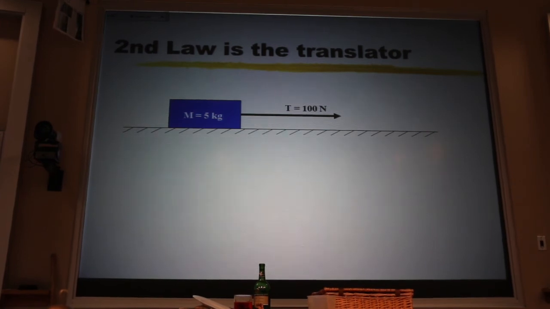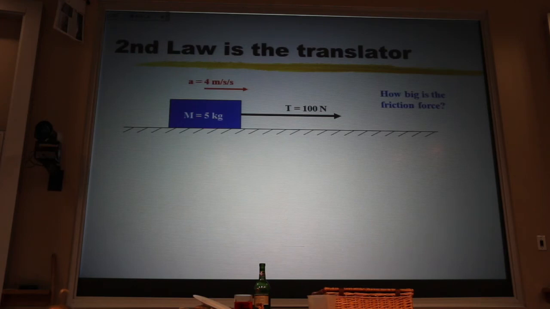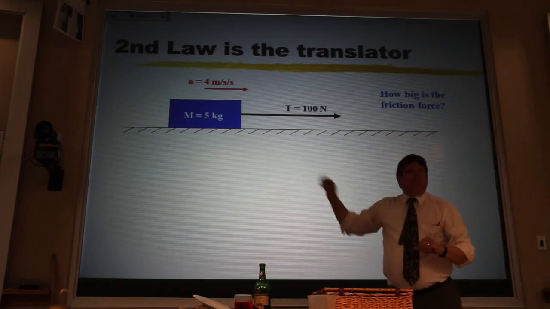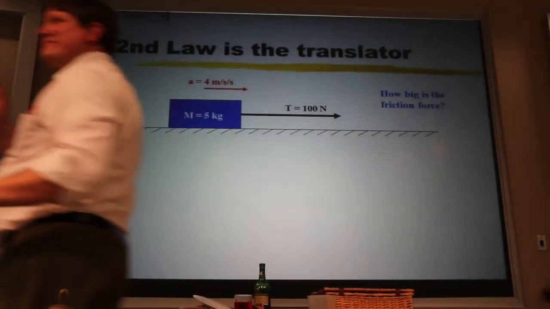If I have a 5 kilogram mass being pulled by a rope with a tension force of 100 newtons, and I find that the acceleration that results is 4 meters per second every second, and I ask you, how big is the friction force? In this case, I'm giving you the acceleration, the kinematics, and I'm asking you about the forces.